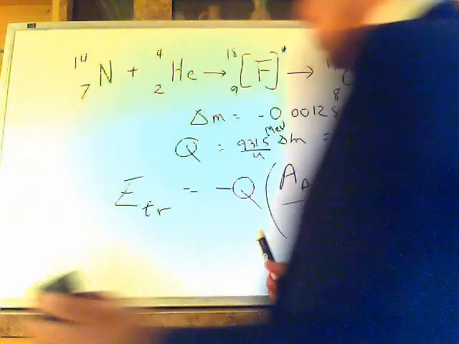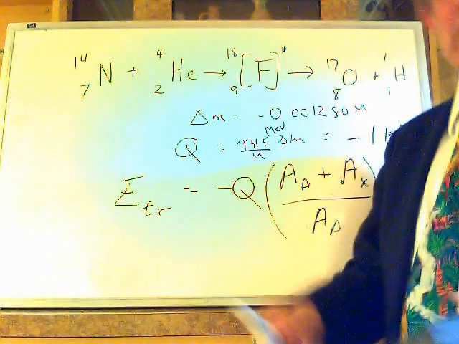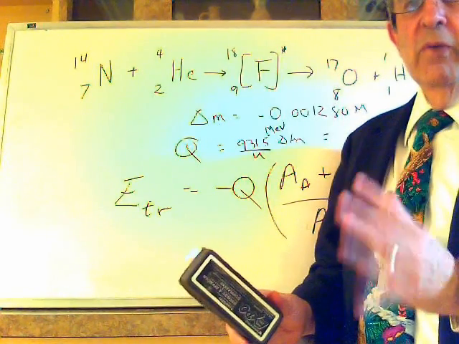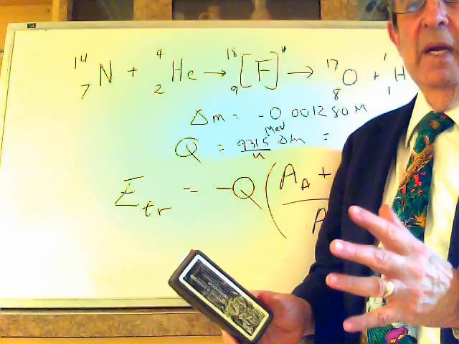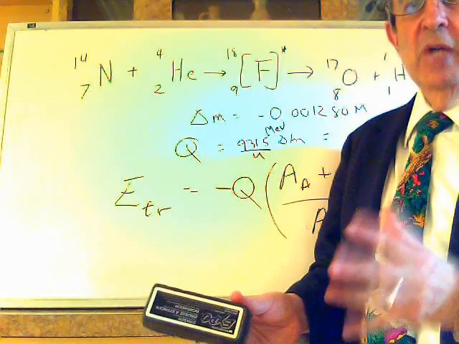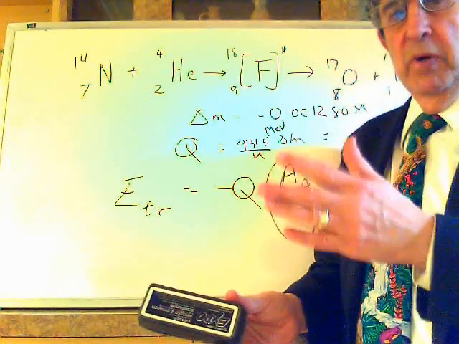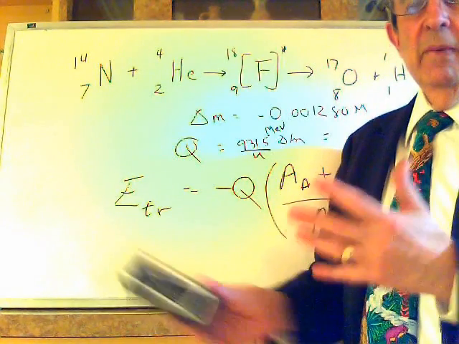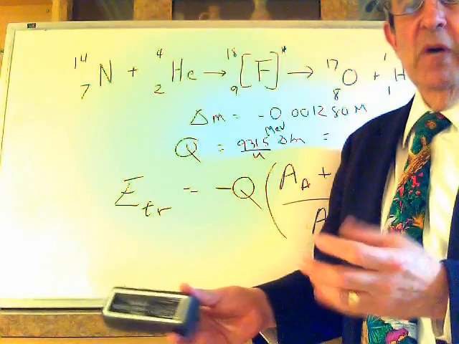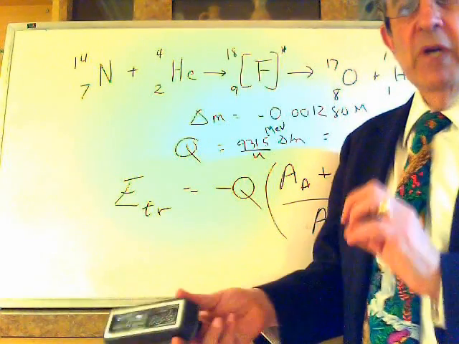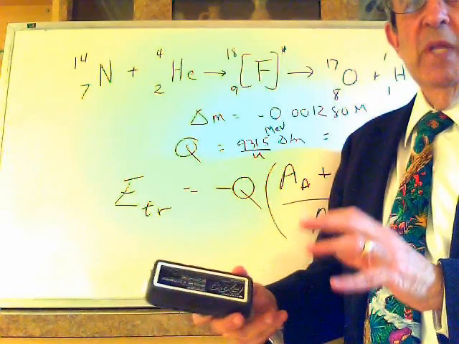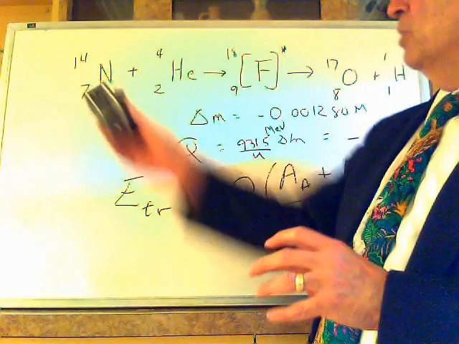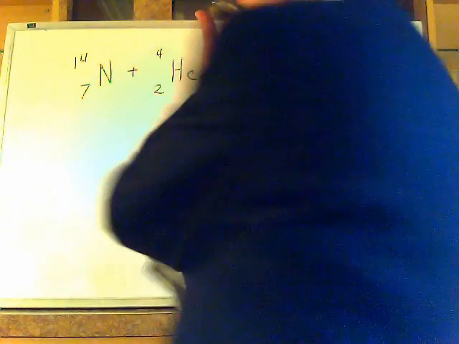Since we're not using a neutron, we're using an alpha particle, and it's a positively charged particle. There's a little wrinkle that's put in here: whereas a neutron doesn't have any charge, and a neutron can easily approach the positively charged nucleus without a problem, in this case our projectile is positively charged, so there's a repulsive force acting between the alpha particle and the protons in the nucleus of this nitrogen atom.